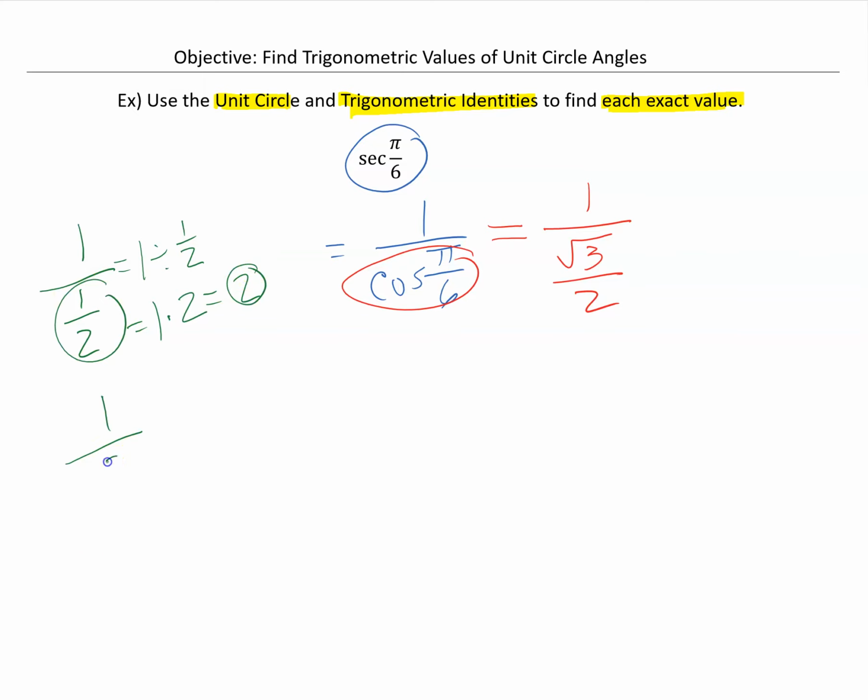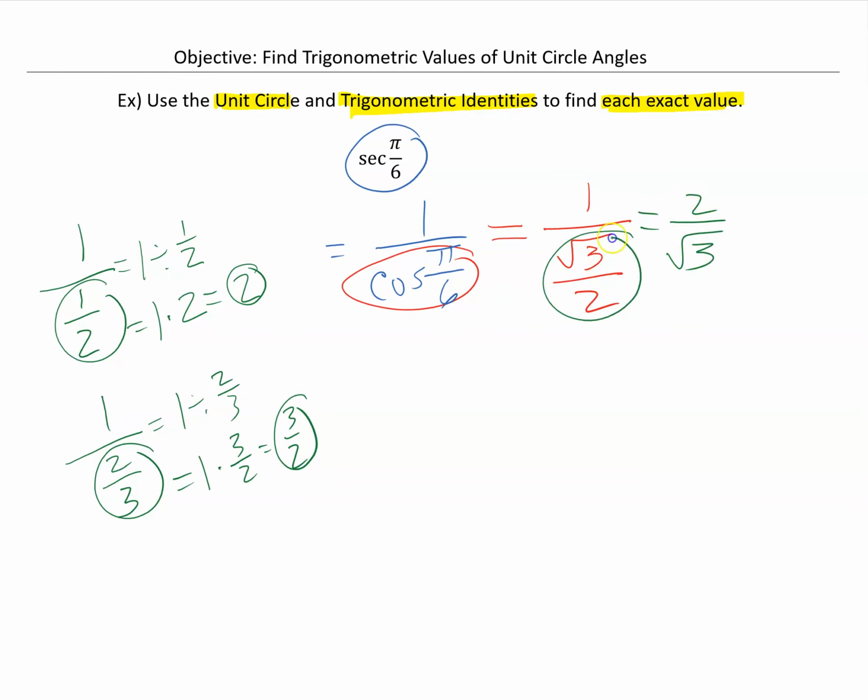If I take 1 divided by 2/3, that's 1 times 3/2, which is 3/2, the reciprocal of 2/3. So using that number sense, 1 divided by root 3 over 2 is going to be 2 over root 3, the reciprocal of that fraction.